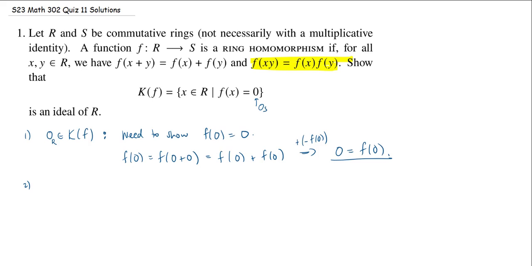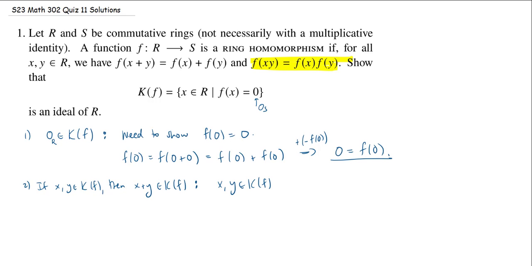How about the second thing? We need to show that this set K of f is closed under addition. So we need to show that if x and y are in K of f, then x plus y is in K of f. We assume x and y are in K of f.